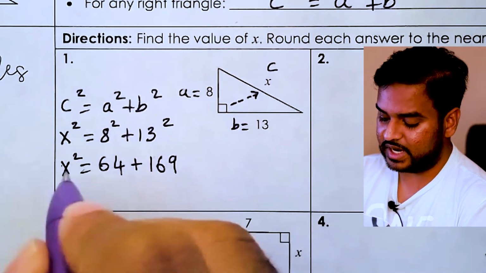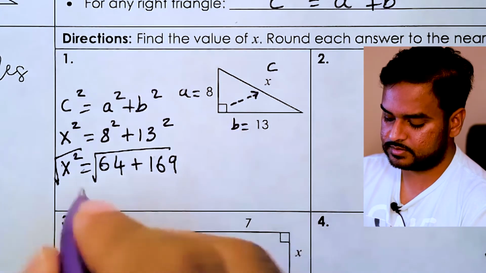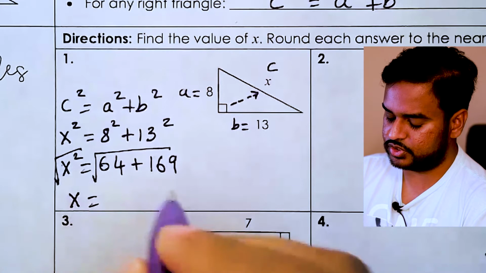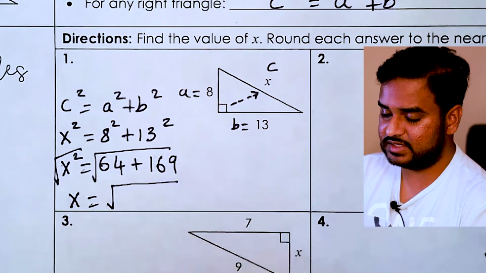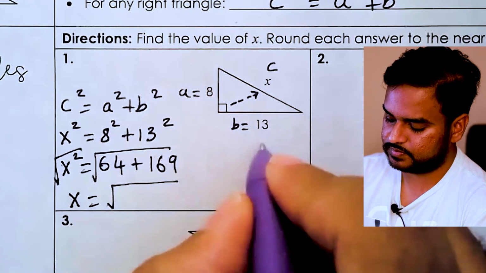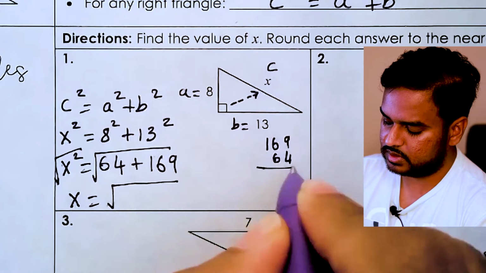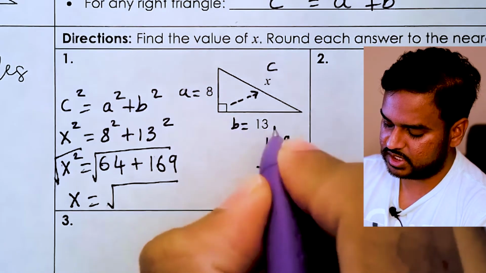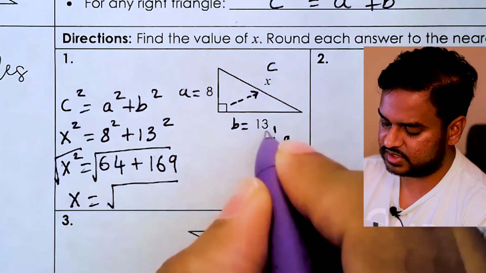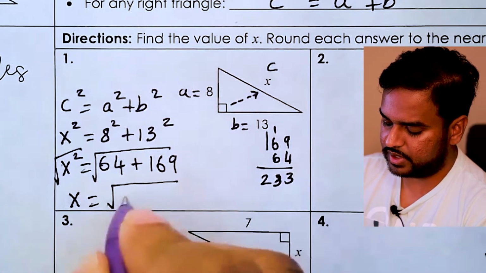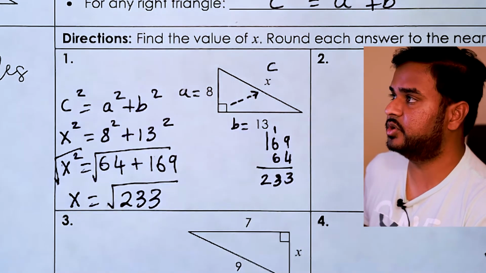Now, to solve for X, I need to take the square root of both sides. So X is equal to the square root of 169 plus 64. Let me work that out. 9 plus 4 is 13, 6 plus 6 is 12, plus 1 is 13, so it's 233. Now we just need the square root of 233.